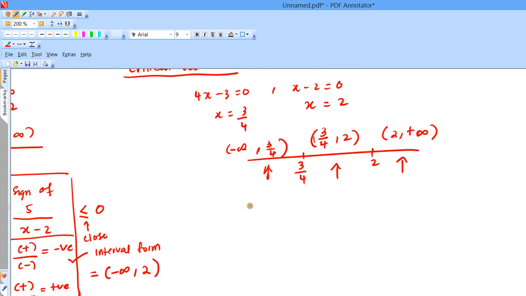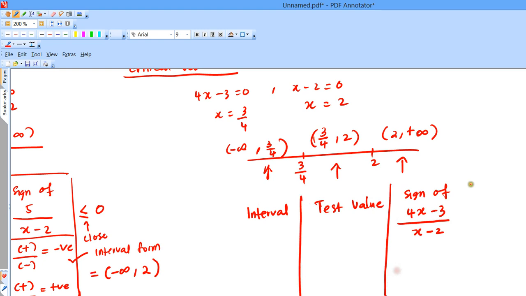So we have interval, test value, and signs of our inequality for (4x − 3)/(x − 2), and our sign is greater than or equal to 0.